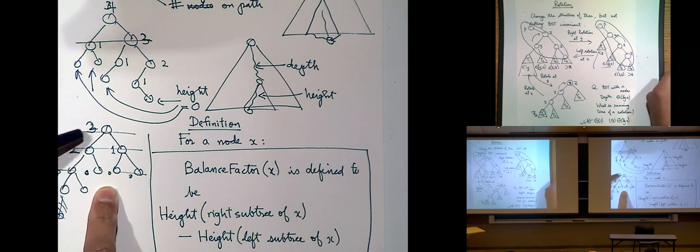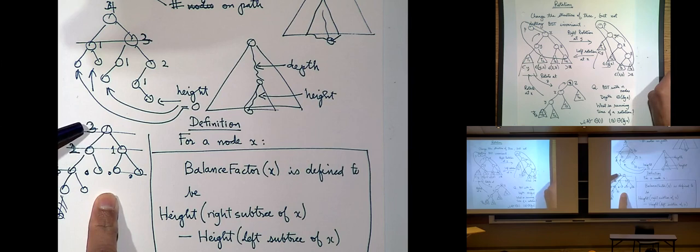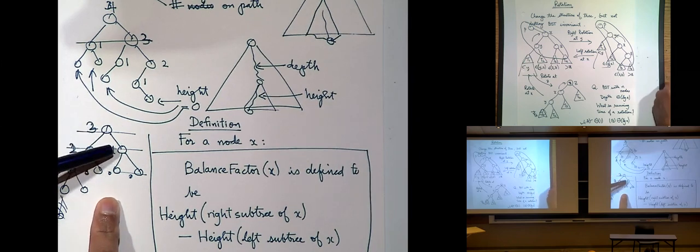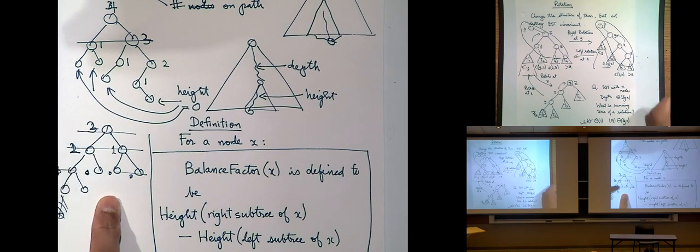So there's some node. This node has a balance factor of, in this case, -1. This node has a balance factor of -1. But this node has a balance factor of 0. And this node has a balance factor of 0. The leaves always have a balance factor of 0. Is this definition making sense?